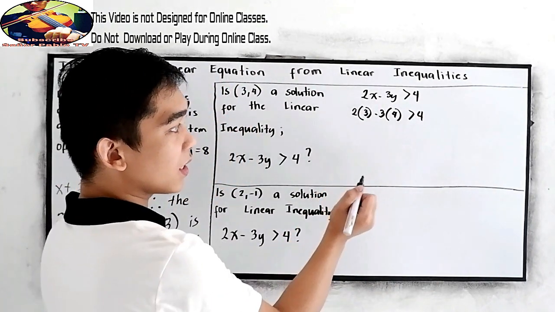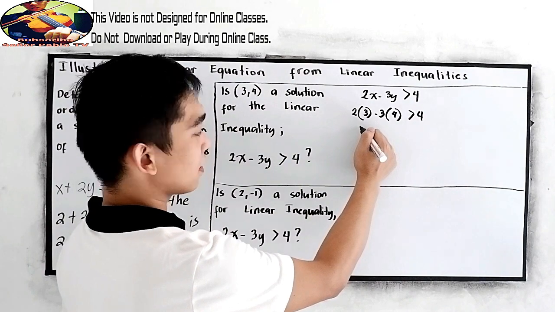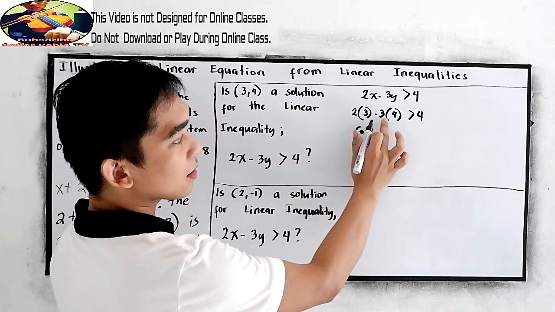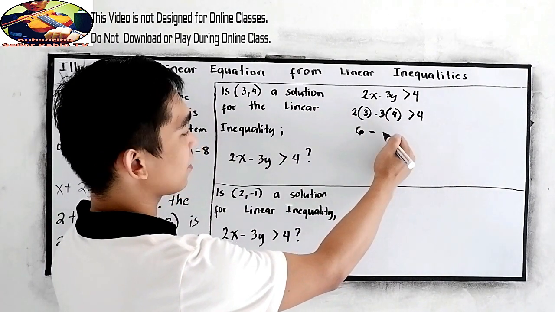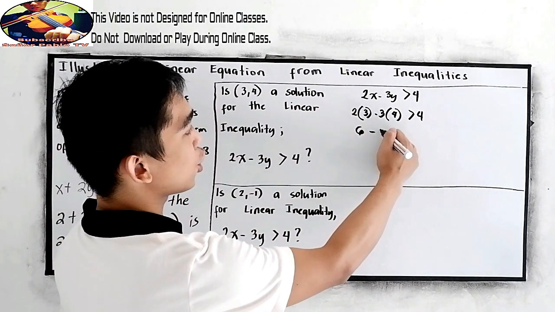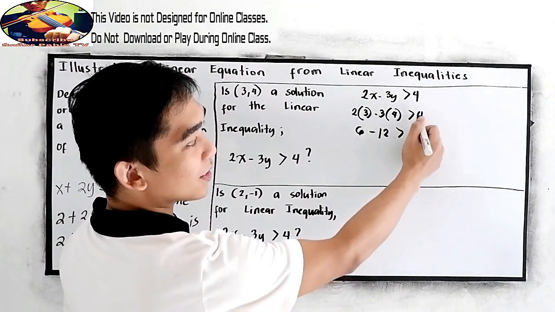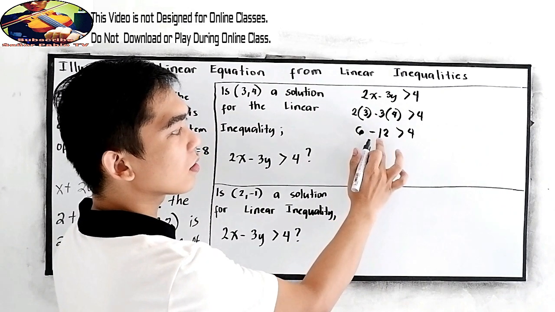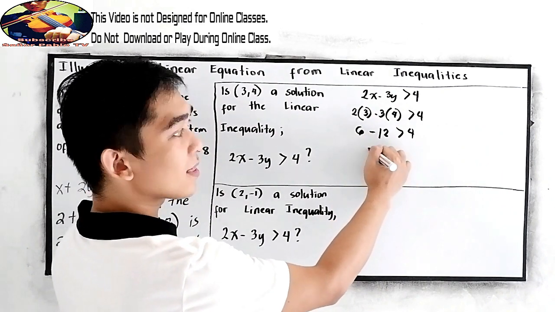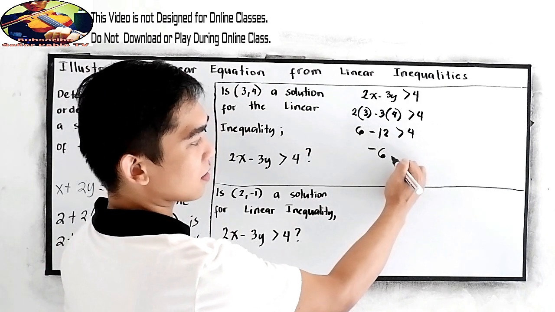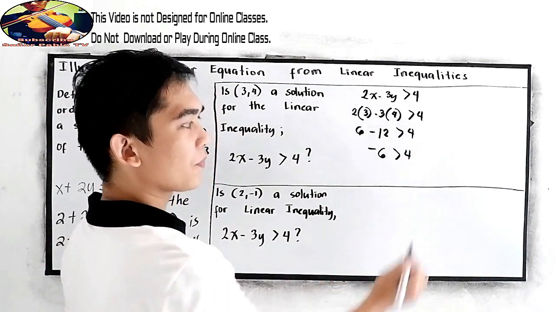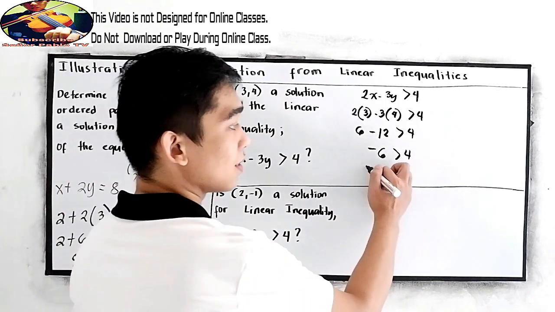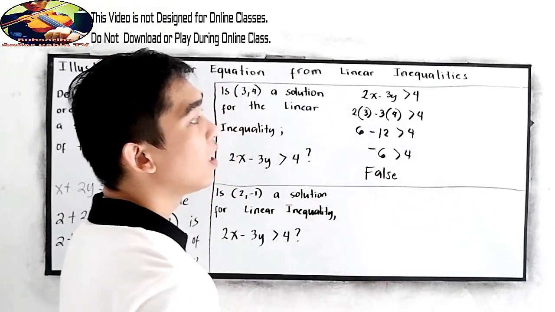So 2 times 3, this is 6. Negative 3 times 4, this is negative 12. Greater than 4. 6 minus 12, this is negative 6 greater than 4. Is it true or false? This is incorrect or false.